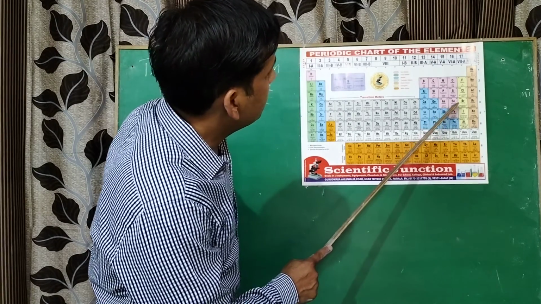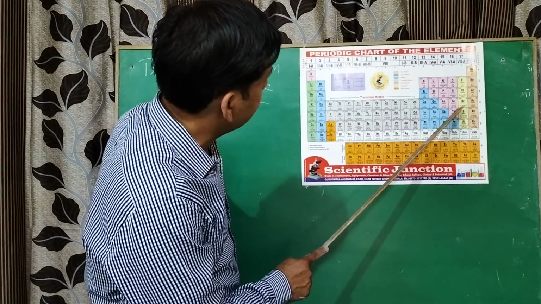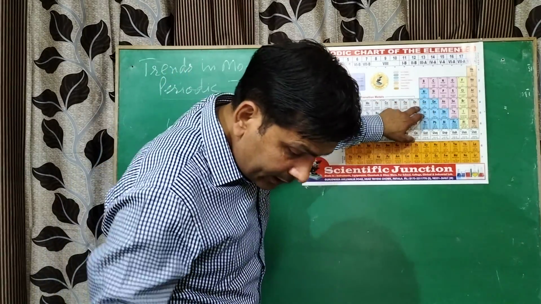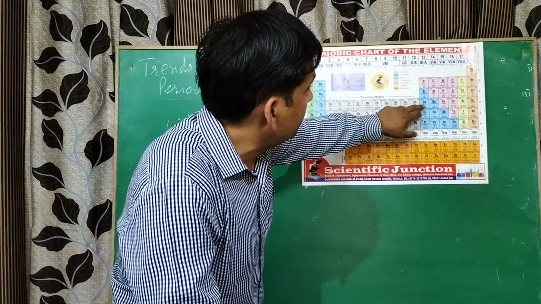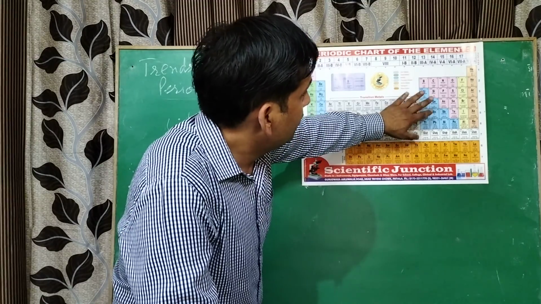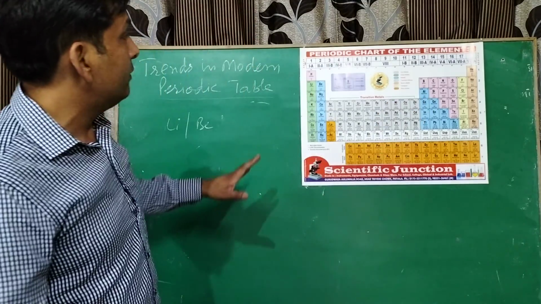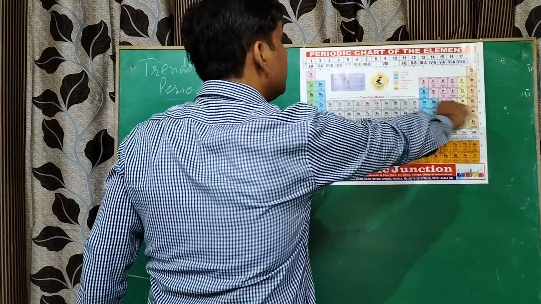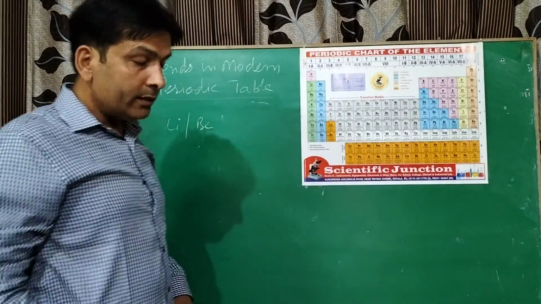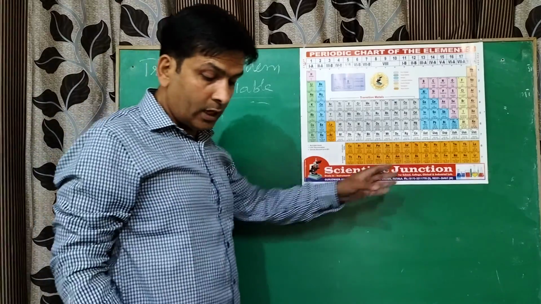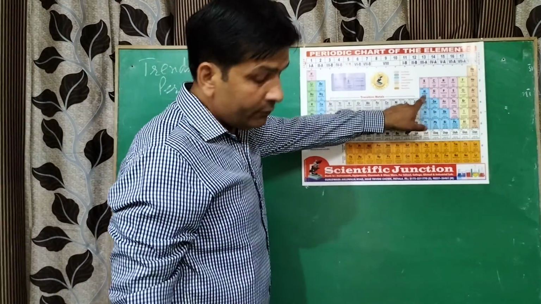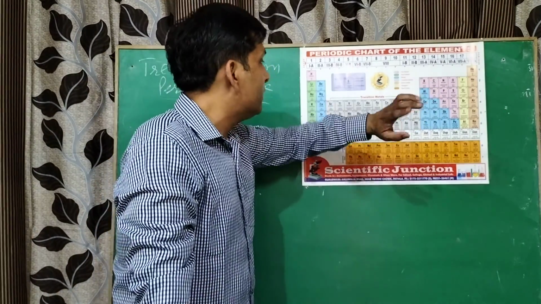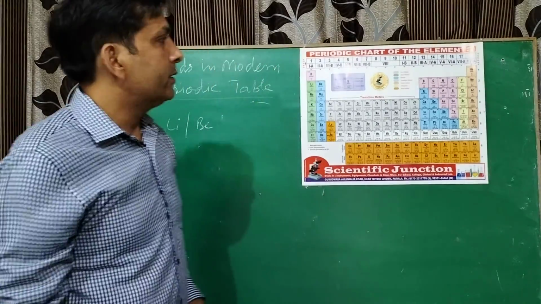What is he asking? Which is more metallic? When we go from left to right in a period, metallic character decreases, but non-metallic character increases. Therefore, gallium would be the most metallic out of these elements.